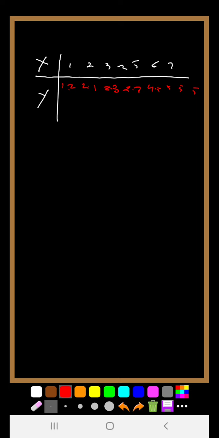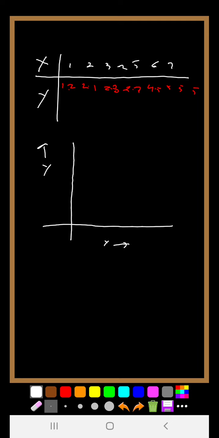These are the values. So we plot x versus y, putting x here and y here, and obtain a linear plot like this.